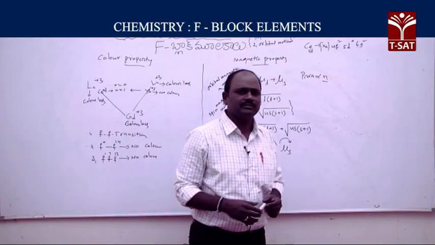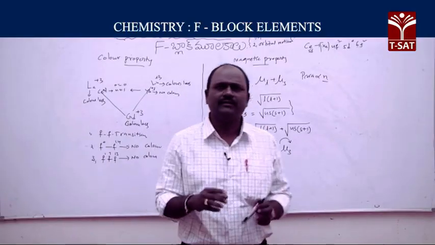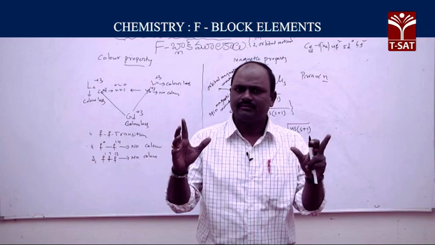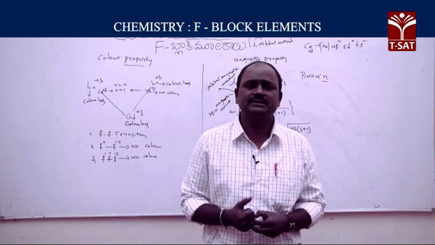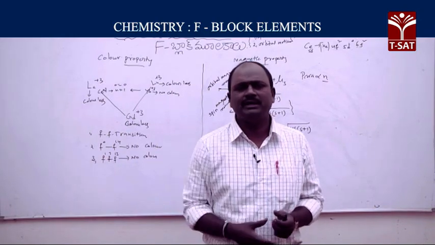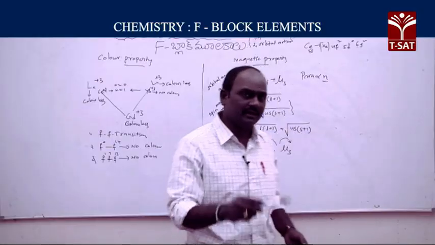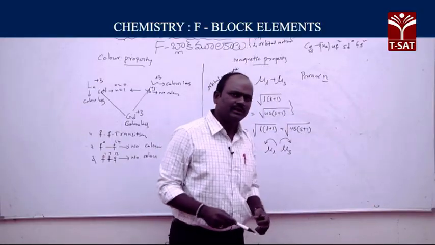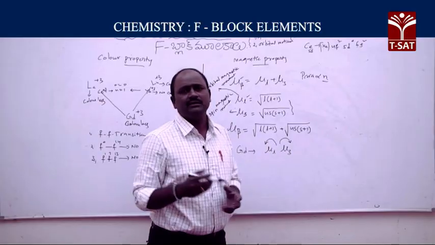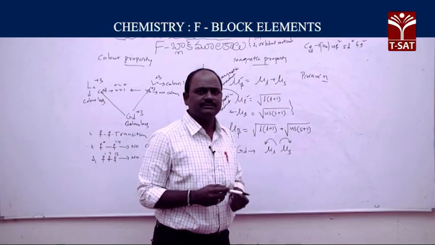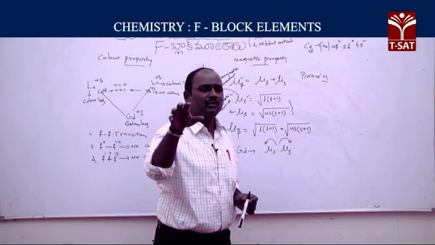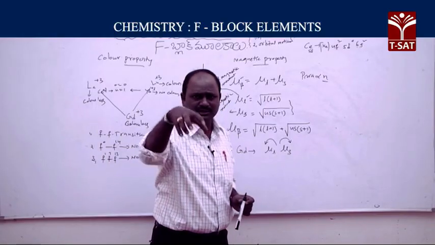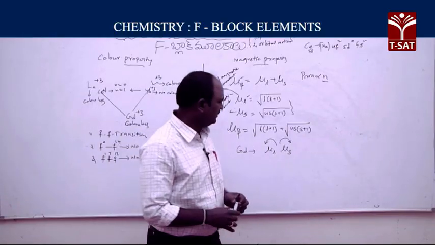As I said very clearly, if the number of unpaired electrons increases, the magnetic moment also increases. But in case of gadolinium, it has 7 unpaired electrons, even though its magnetic moment is very less. Sometimes in competitive examinations they ask this.